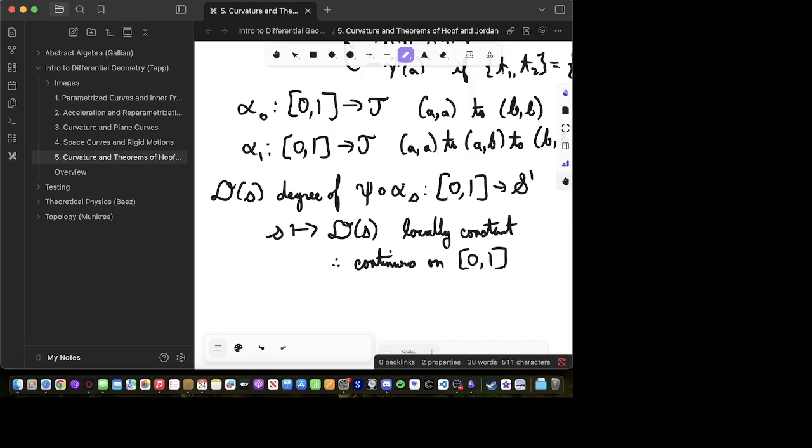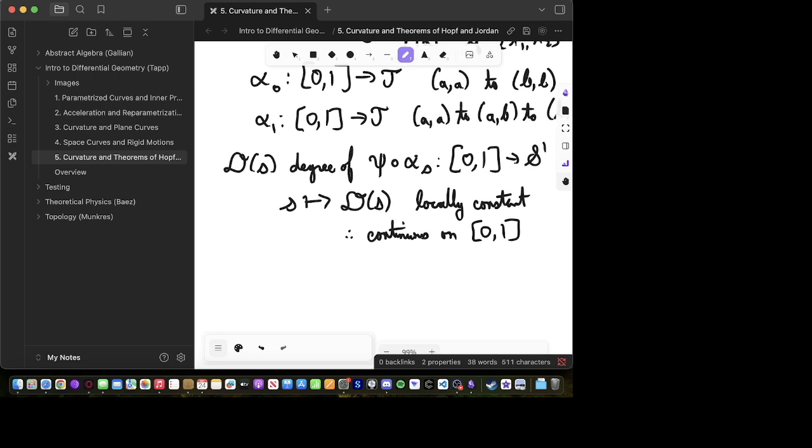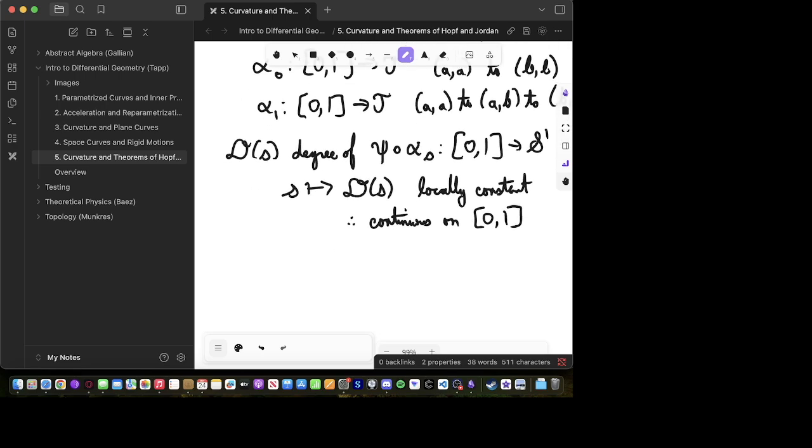So it's integer valued and continuous, and because the degree has to be an integer, you can imagine that it must be constant.